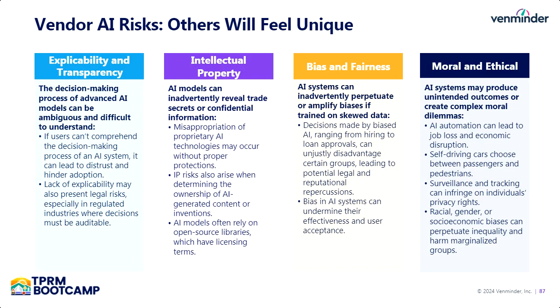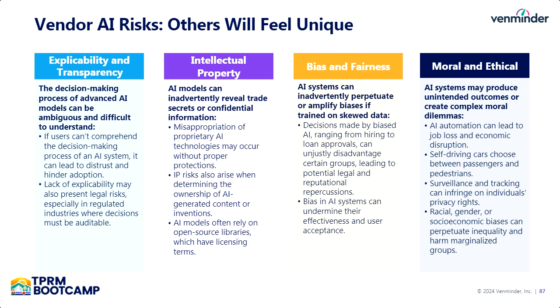So on top of those more well-known risks, we have some risks that feel new or unique, and they are specific to AI. One of those is what we call explicability and transparency risk, which means with these very complicated models and all this data, sometimes it's hard to understand exactly how the AI is making its decision.